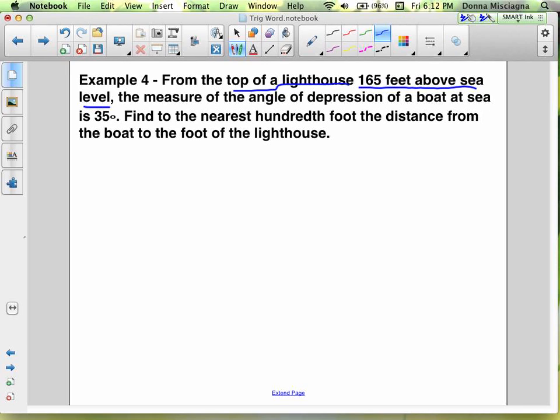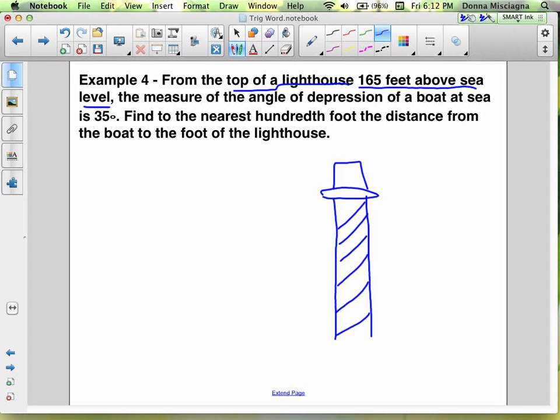So let's draw a lighthouse. It doesn't matter how well you draw it. It doesn't even have to be very realistic. Here's our little lighthouse. They usually have stripes or something.